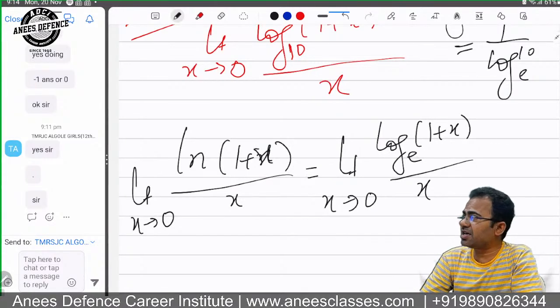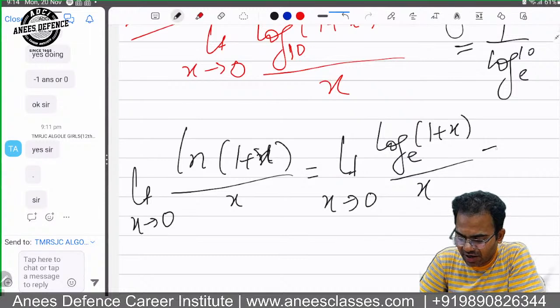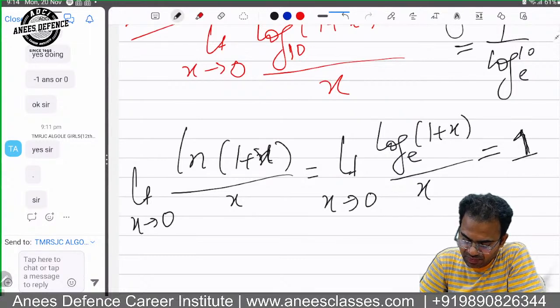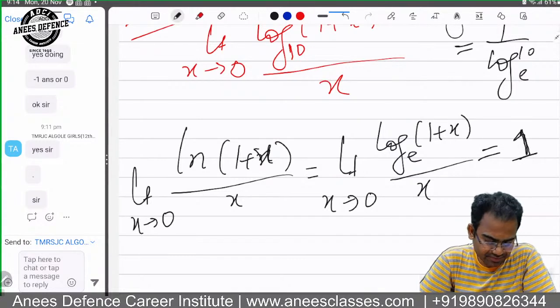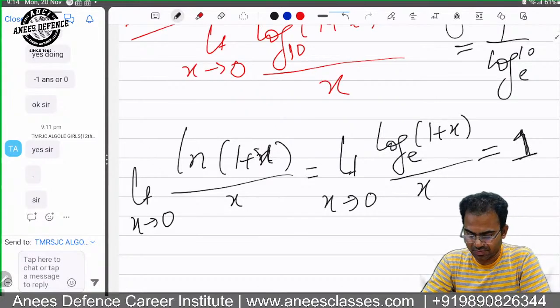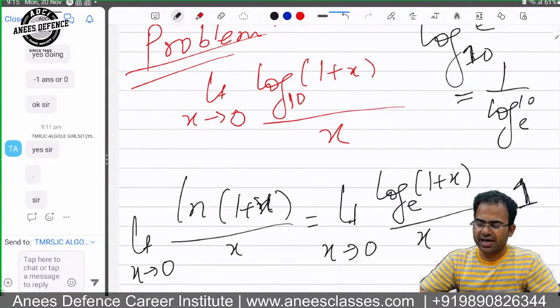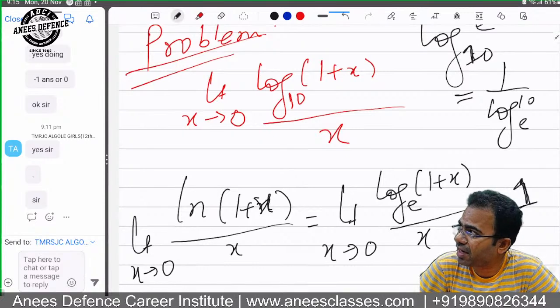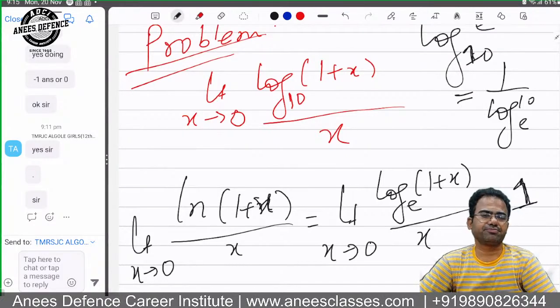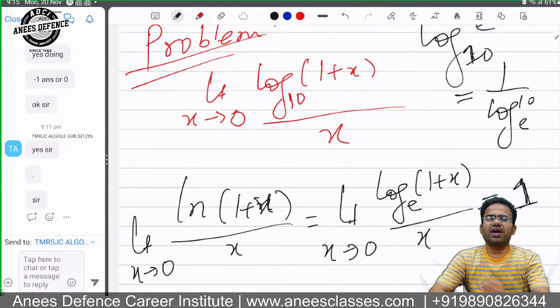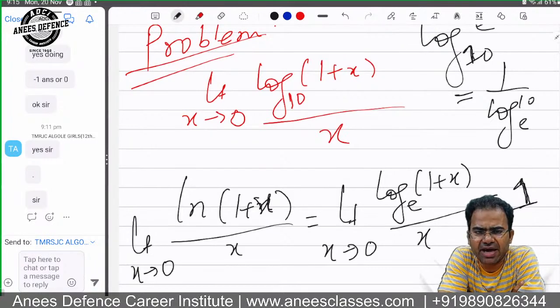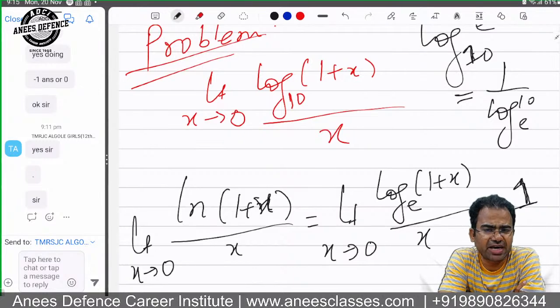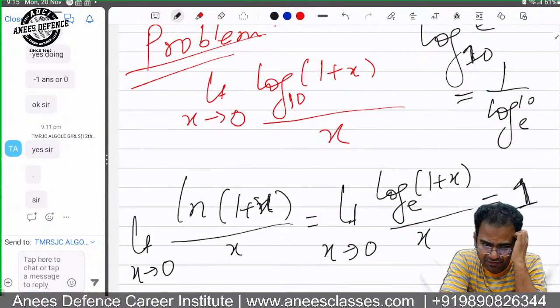If the base is e, then we will get 1. Have you understood this? Here the base is 10, so we cannot implement the formula directly. First of all, we have to change the base of the log with the help of the change of base formula, okay?